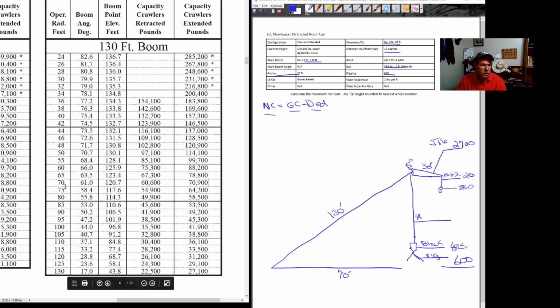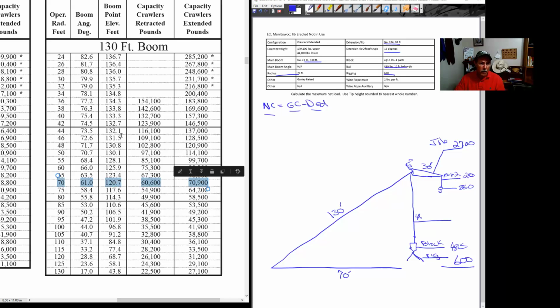Now we find the radius that we're working at, which is 70 feet. The far left-hand column of the chart is the operating radius. We go down this column until we get to 70 feet. And there is the information that we will use associated with a 70-foot radius and a 130-foot boom.